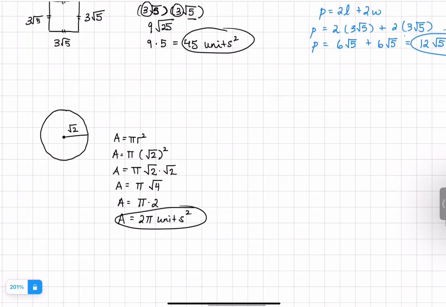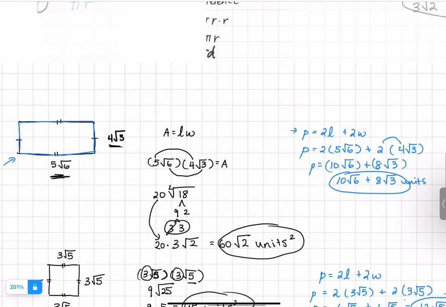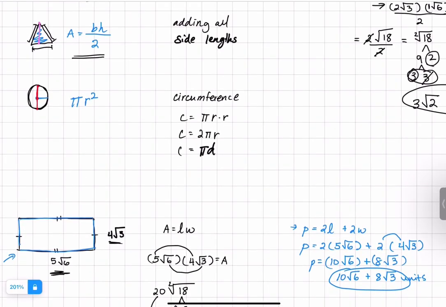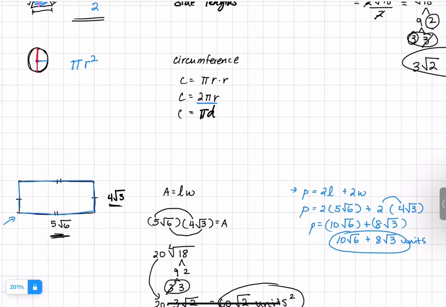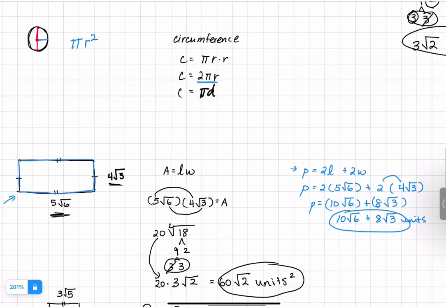Okay, going on to the circle. The perimeter, or the circumference of a circle, equals pi times 2 times r, or pi times r plus r. Sorry, this should be plus r.